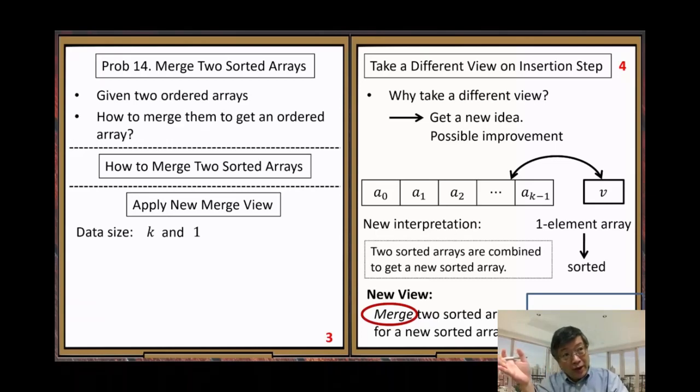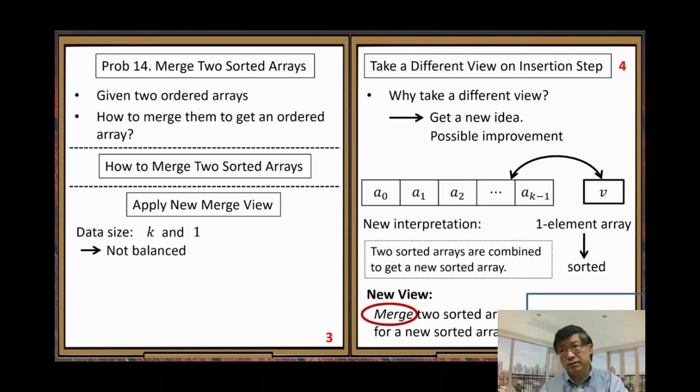when we look at the insertion special case, the data size is k and 1. The first subarray has size k, the second has size 1. Here we notice the data given is not quite balanced.